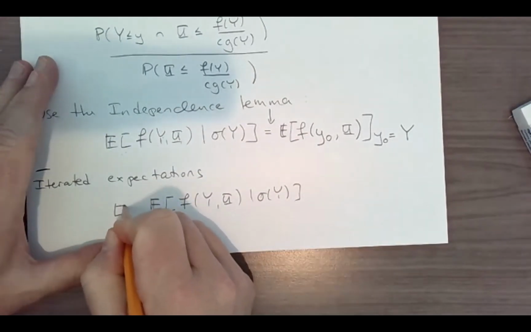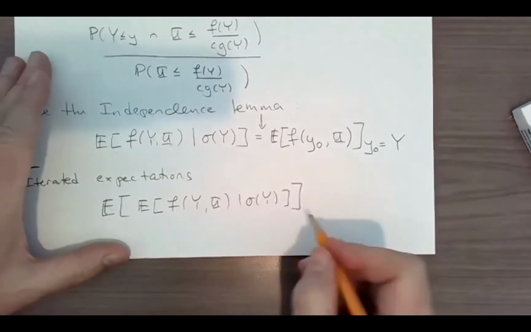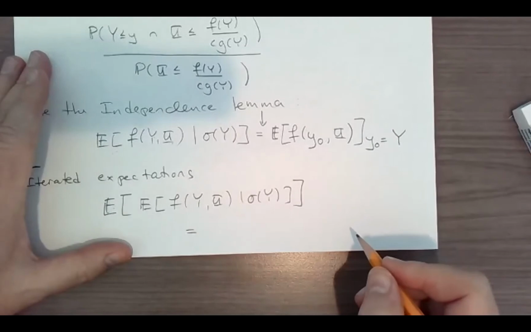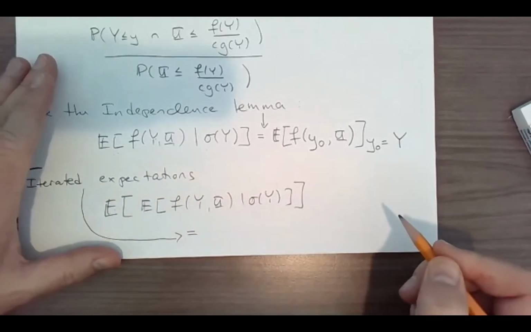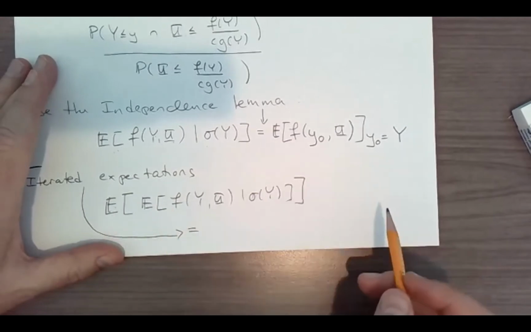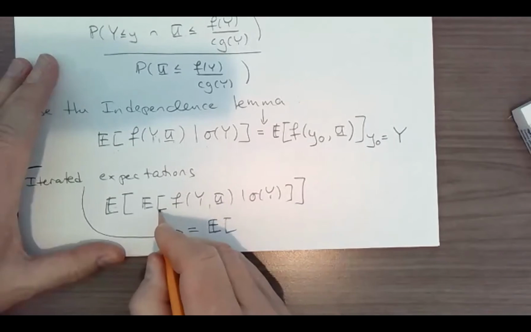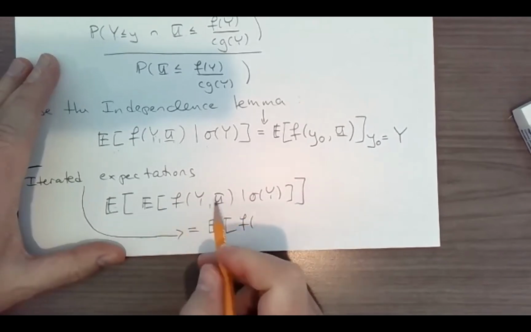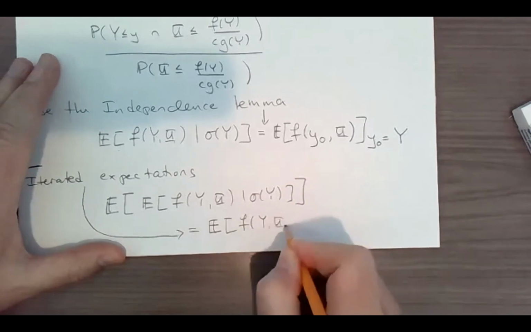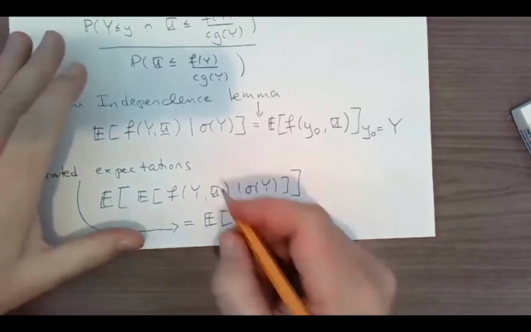If I take the expectation of it, so the expectation of the conditional expectation, this is going to give me, right, so the iterated expectations is this one. The expectation of the conditional expectation is equal to the expectation of the random variable I'm conditioning on. This was what we had talked about.